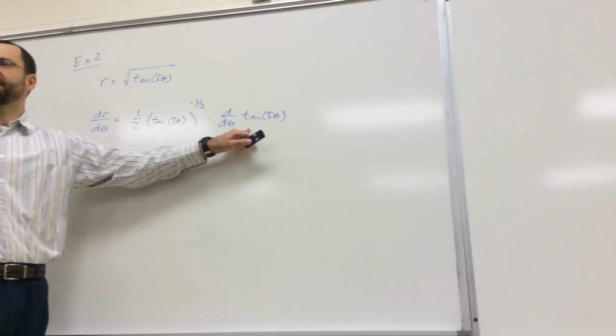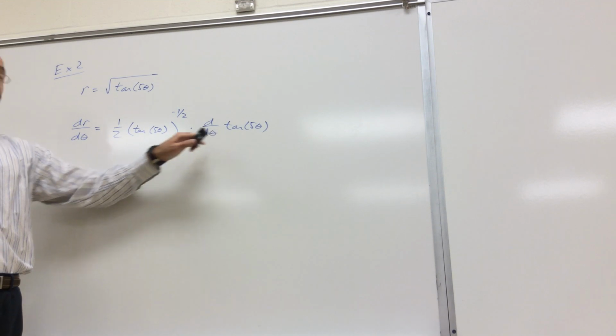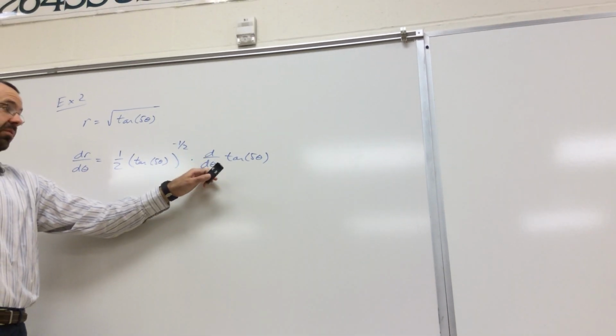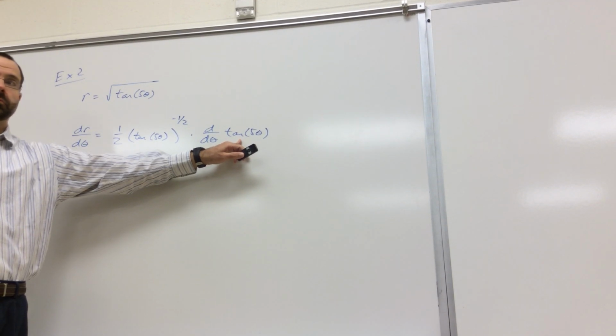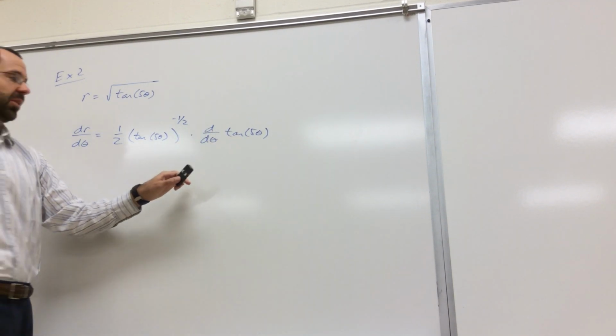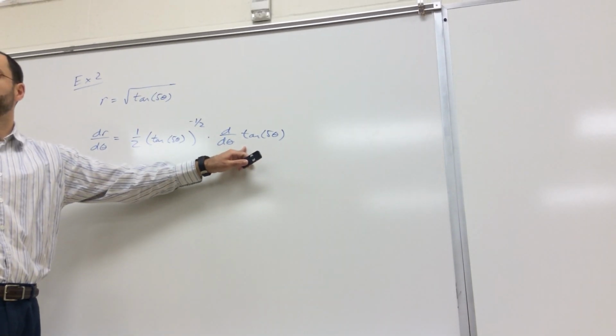But I'm deciding not to think about that right now, so I'm just writing it down. I'm just saying, hey, don't forget we have to multiply by the derivative of the inside function. I haven't done this yet. I'm just saying, let's do it in the next step.